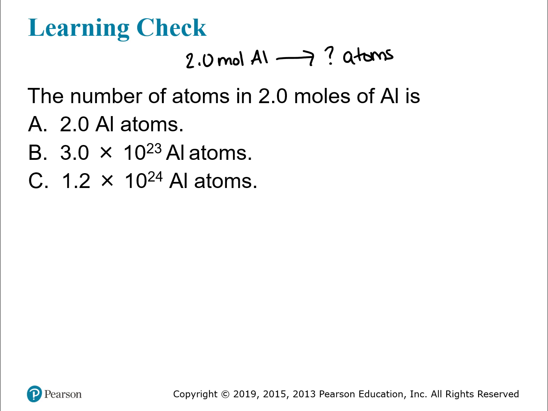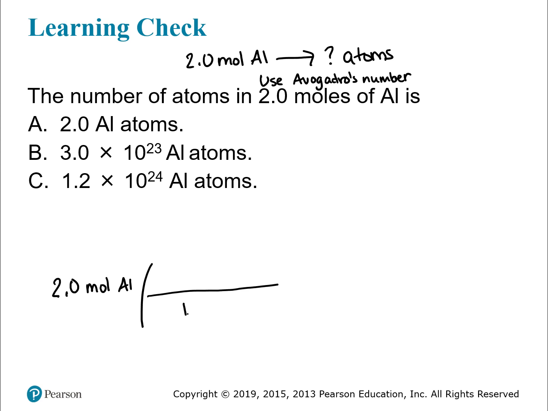Anytime you're going from moles to number of things or number of things to moles, you have to use Avogadro's number. We want moles to cancel out, so 1 mole goes in the bottom.